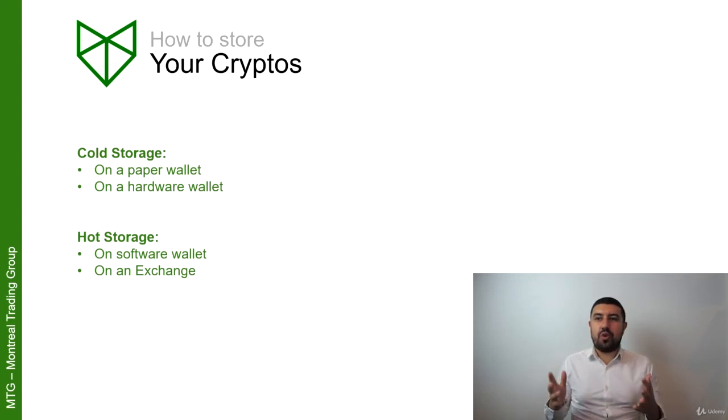So how do we store our cryptocurrencies? The way you can own cryptocurrencies or transact with cryptocurrencies is you have to own a wallet, right? What a wallet is, it's basically just a private and public key. The same private and public keys we looked at earlier are exactly your wallet, right?